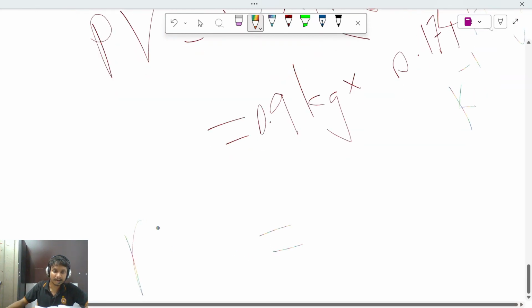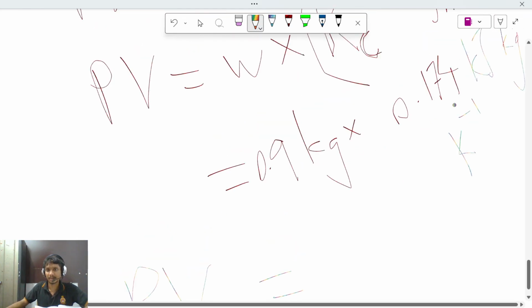If we calculate this, PV is equal to 0.9 kilogram into 0.174 kilojoule kilogram minus 1 Kelvin minus 1.